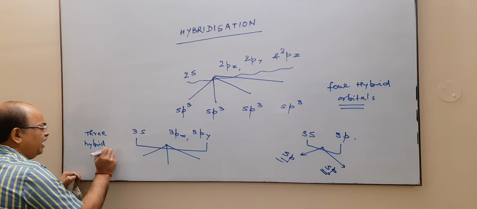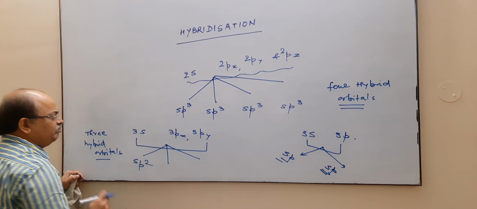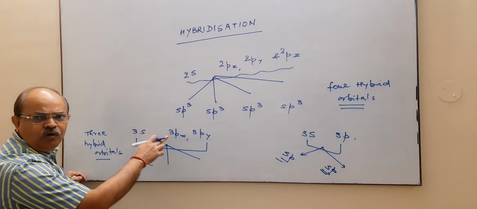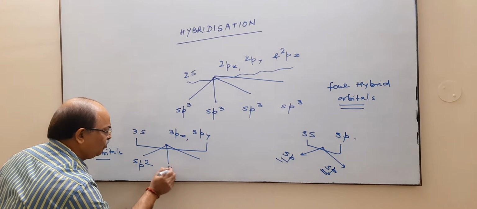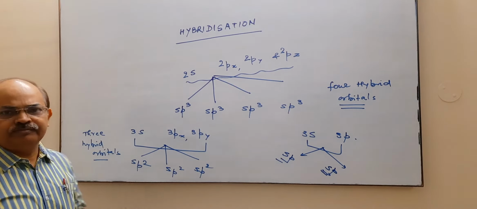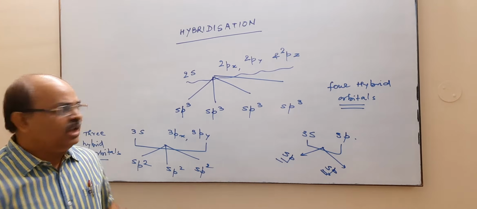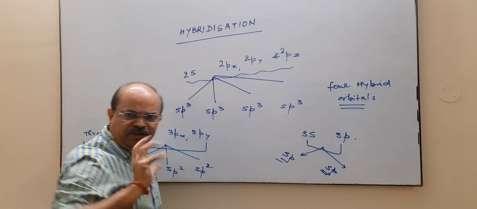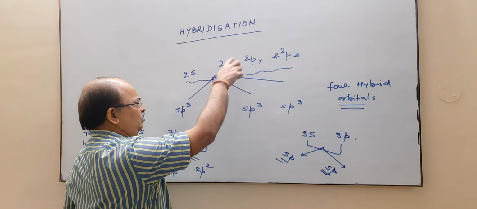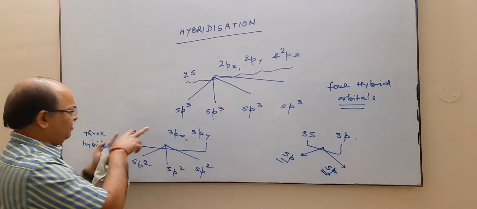Now what will be the name of these hybrid orbitals? Each of them is sp2. एक s है और दो p हैं, sp2, and sp3.